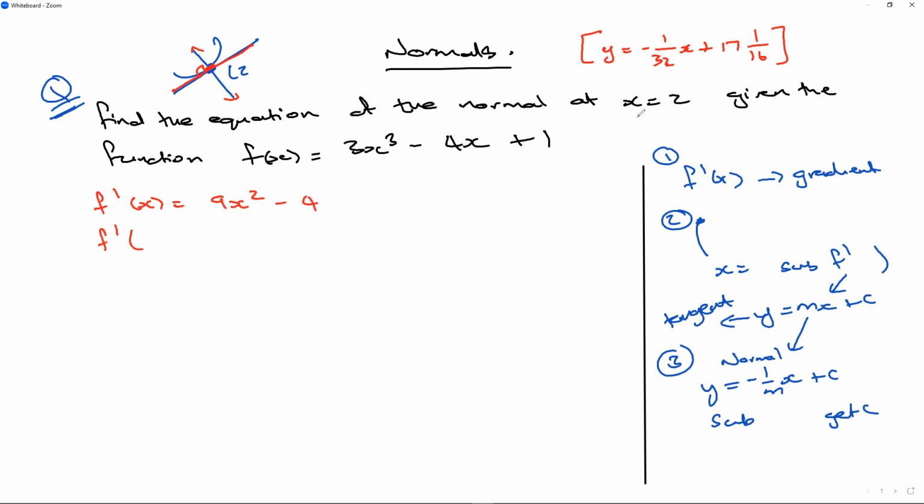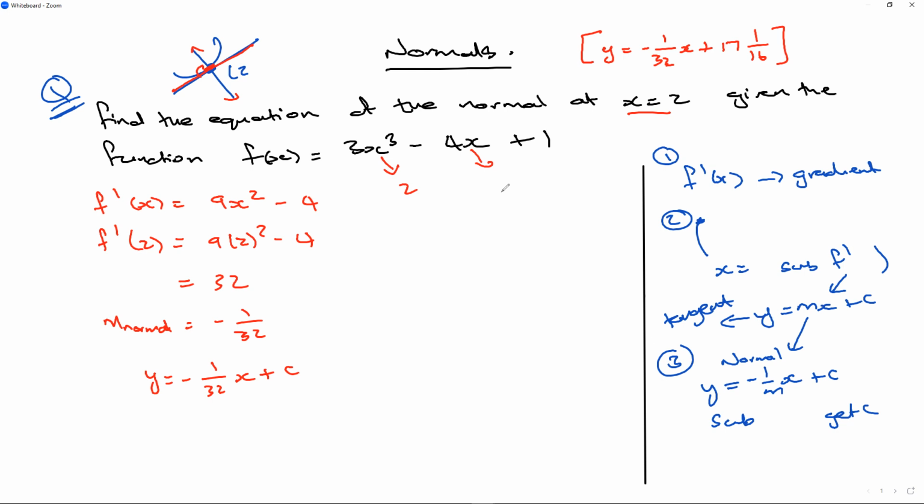Deriving it at x equals 2 gets us 9 times 2 squared minus 4, which is 4 times 9, 36, minus 4, which is 32. Therefore, the gradient of the normal is going to be equal to negative 1 over 32. So y equals negative 1 over 32 x plus c.